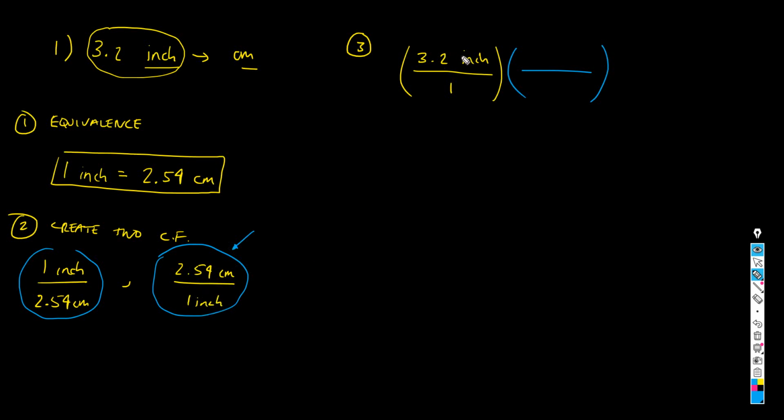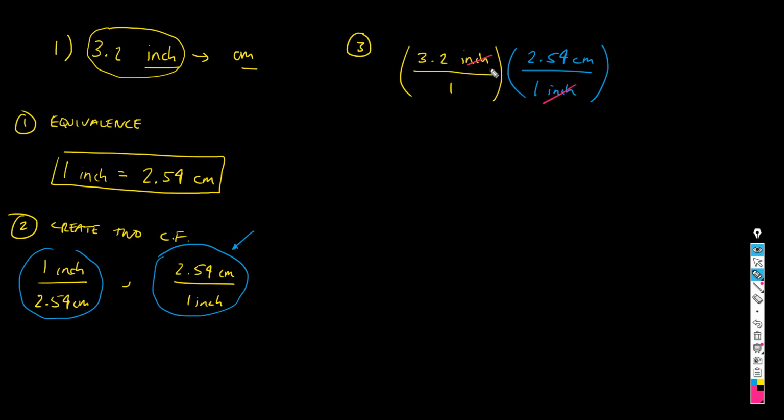Why? Because take a look at this. The inches appear in the numerator, and when I write down this one in here, like so, then what I'm going to be looking at is this. Since I have inches in the numerator and inches in the denominator, they can get canceled.